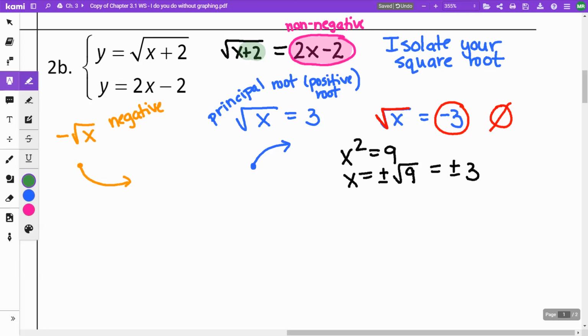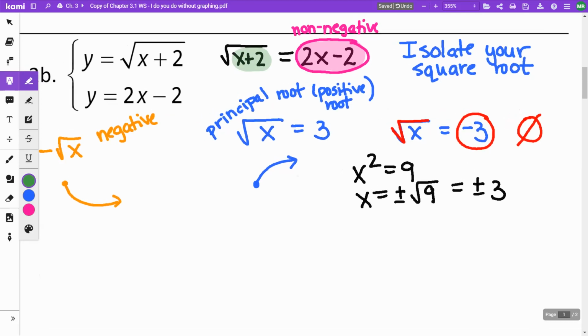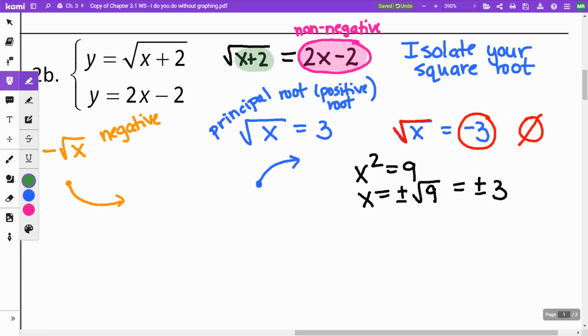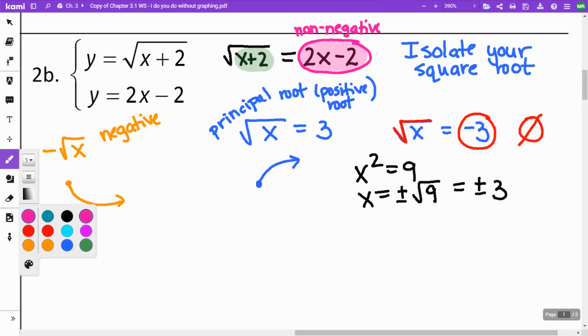Can I have this be negative? Can I have a negative under the square root and get something that's real? No. So we also need to make sure that this is also non-negative. Okay, so we have a little work to do when we're checking these types of problems.